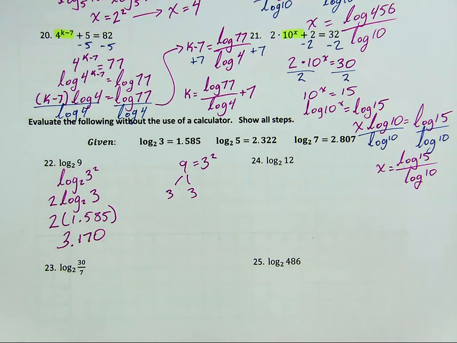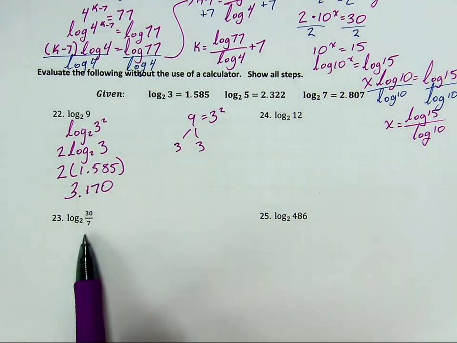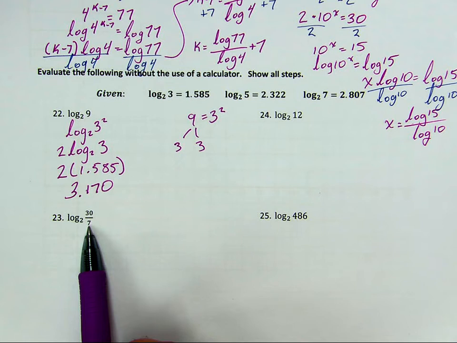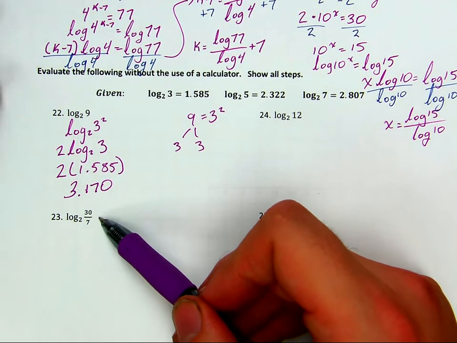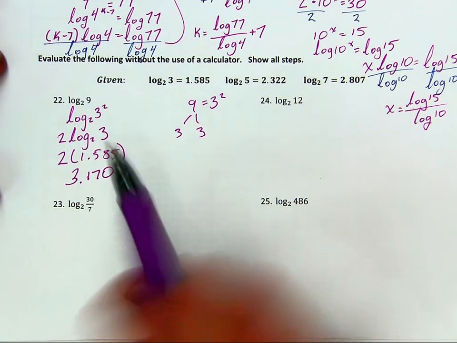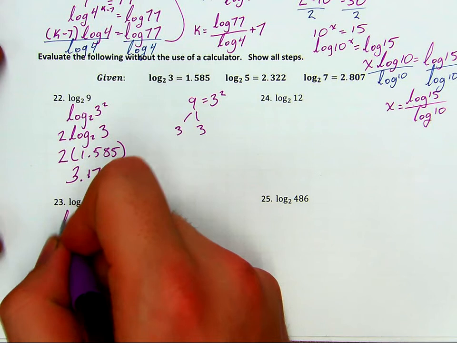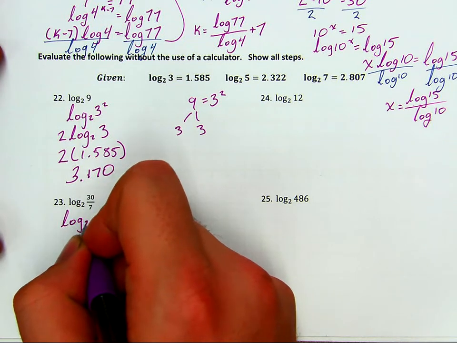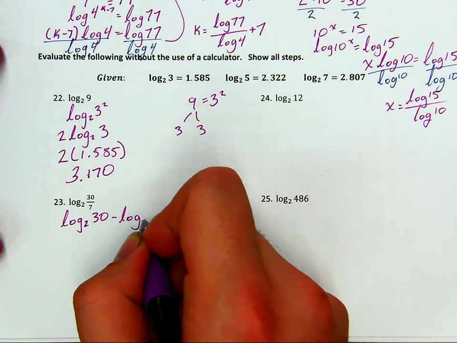Moving on to number 3. Now with number 3, number 23, we have this fraction here. Because we have this fraction, we want to be thinking about our quotient rule and using that quotient rule to factor that 30 and the 7. So, splitting that apart using the quotient rule, we get log base 2 of 30 minus log base 2 of 7. Now, we cannot factor 7, but we can factor 30.